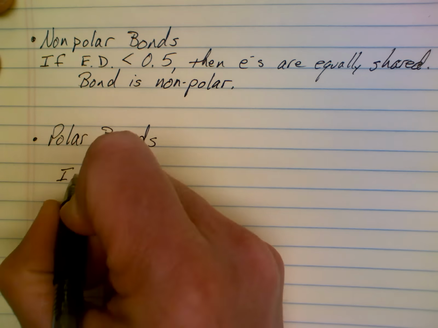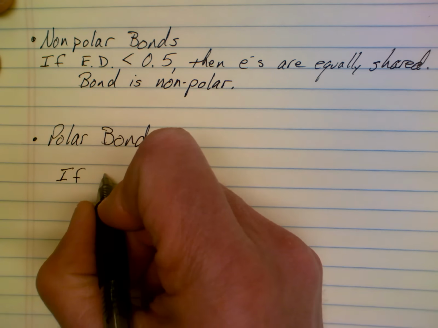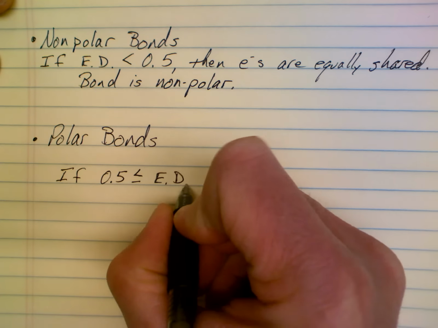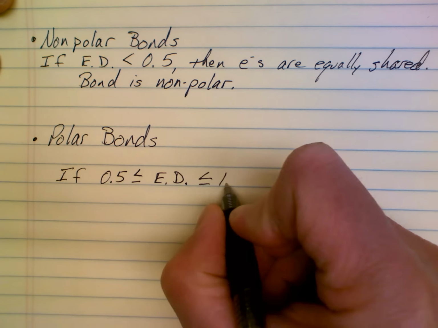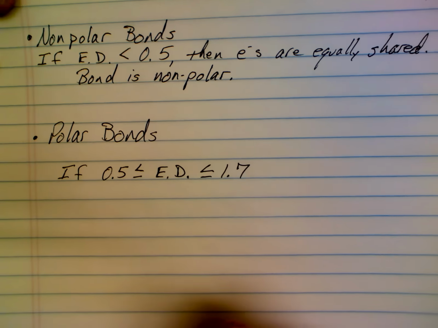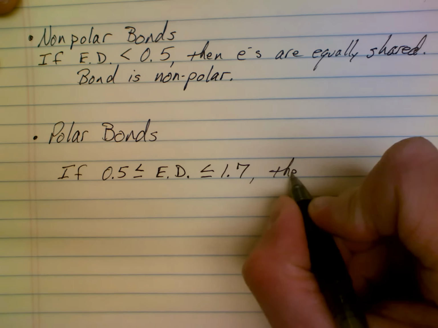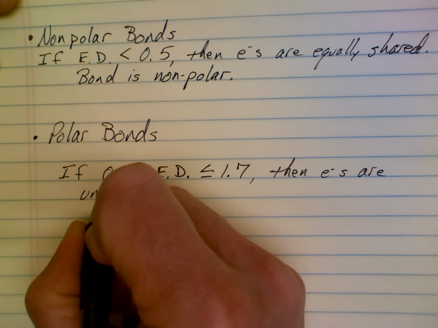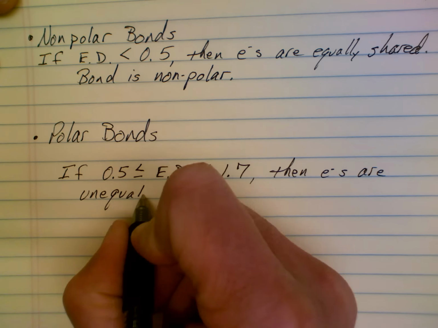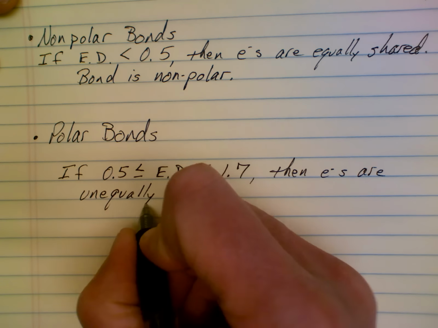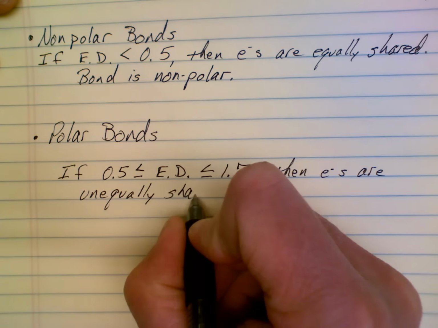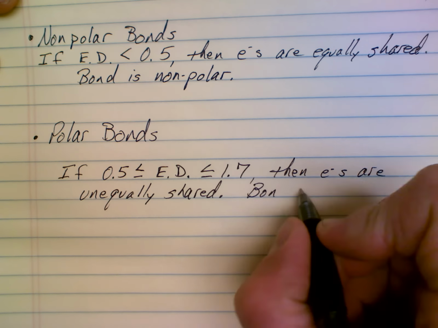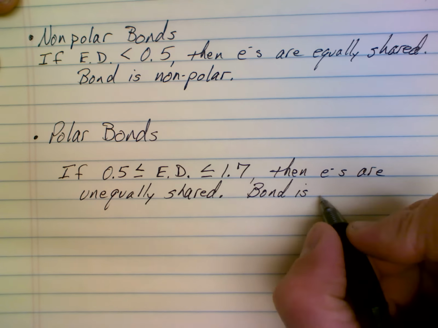So if the electronegativity difference falls between 0.5 and 1.7, then the electrons are unequally shared, and we say then that the molecule or the bond is polarized or polar.